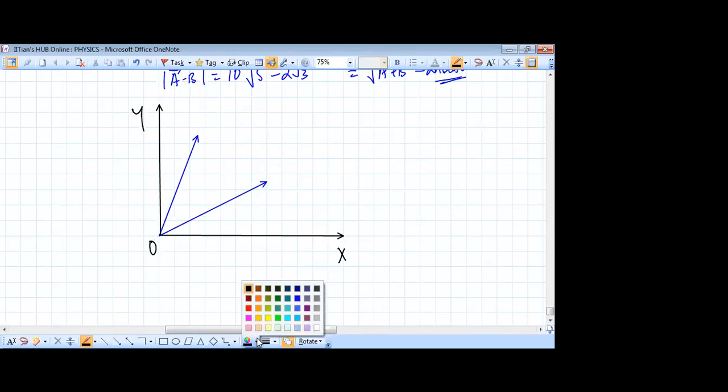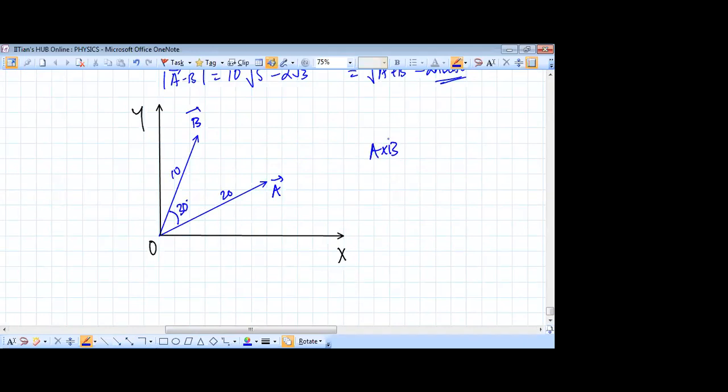So this vector was A and this vector was B, this was 20, this was 10, and this angle was 30 degrees. But A cross B is AB sin theta n cap.